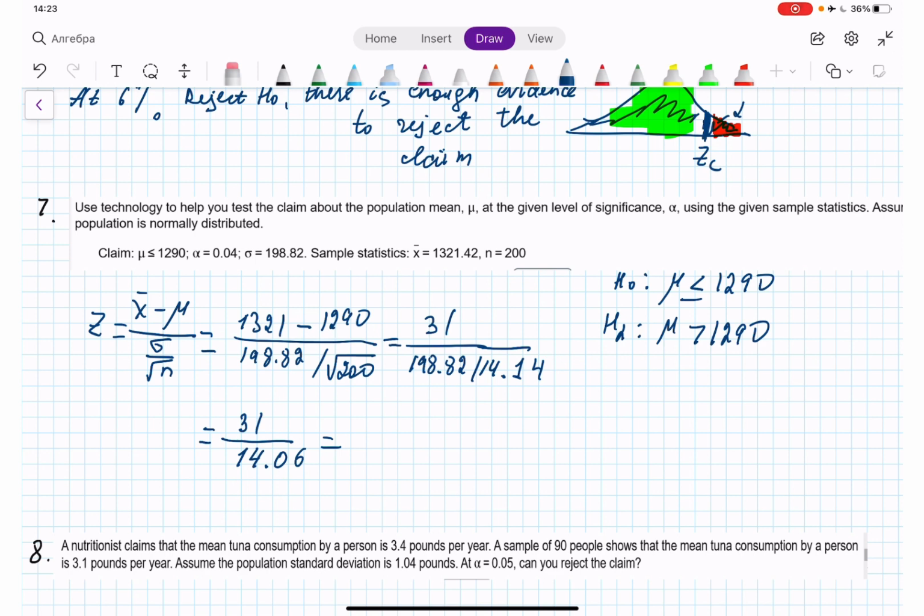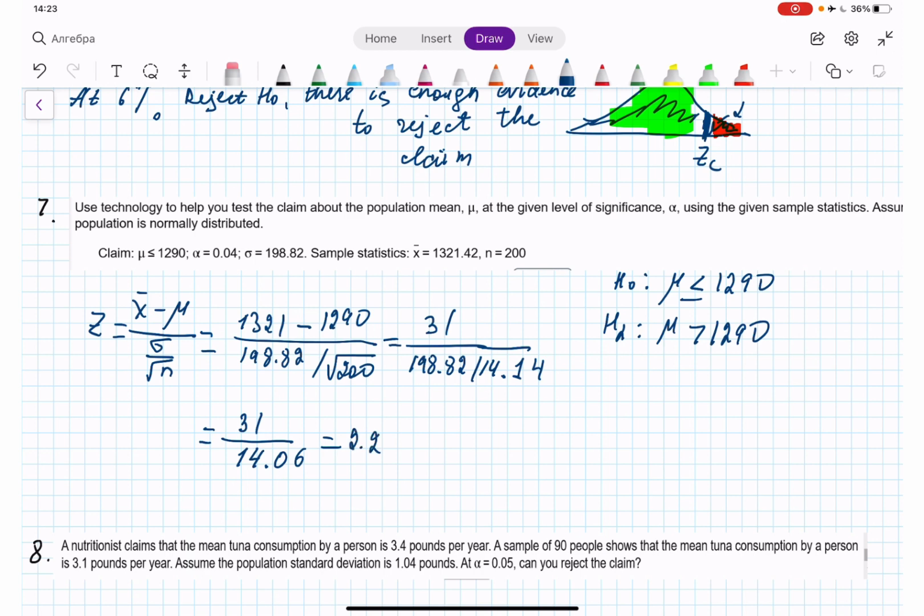Then 31 divided by 14.06, I'm getting 2.2. This is the standardized test statistic.